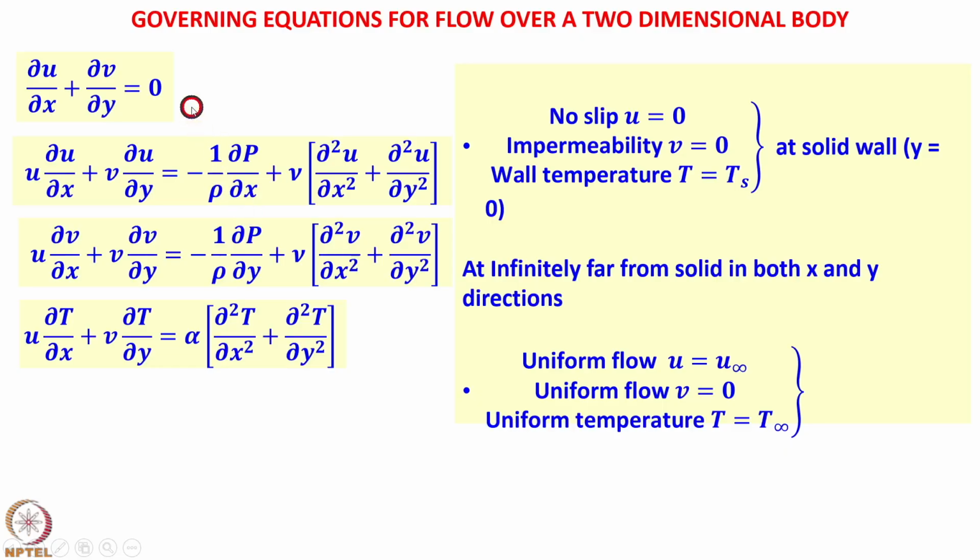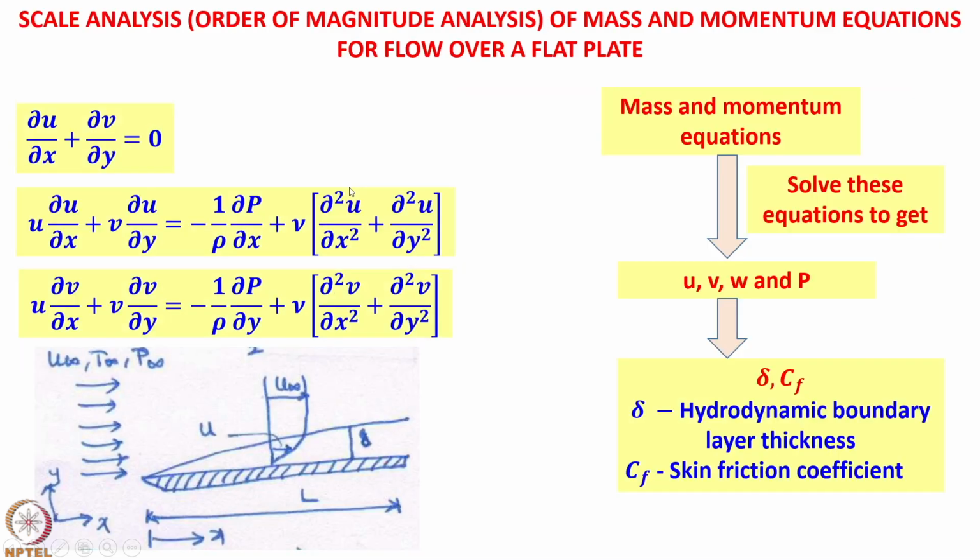Good morning. So yesterday we were into governing scale analysis of hydrodynamic equations, that is the continuity equation, the momentum equation, and the energy equation. These were the equations for the two-dimensional laminar incompressible steady flow, and we took these equations and did the scale analysis.